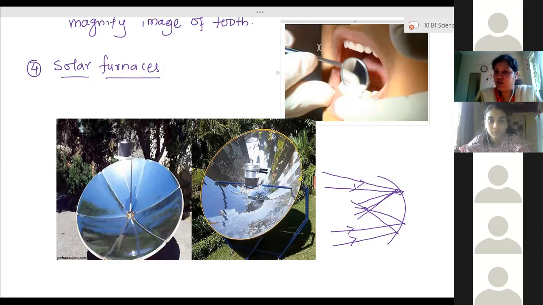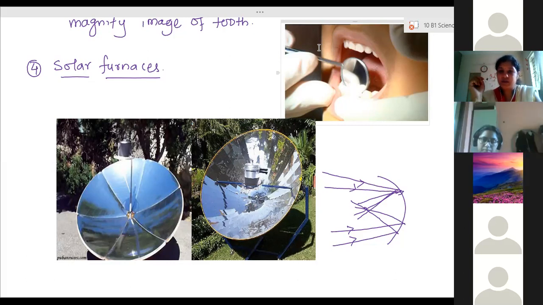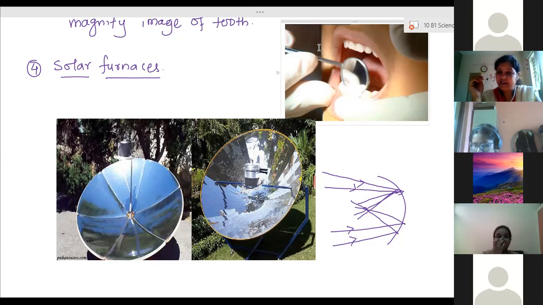Clear? Four uses of concave mirror. Is that clear to you? Yes. First, we use it for makeup or shaving purposes. Secondly, it is used in reflectors of torch bulbs and headlights of vehicles. Thirdly, it is used by dentists and ENT doctors. We use it for magnifying objects.